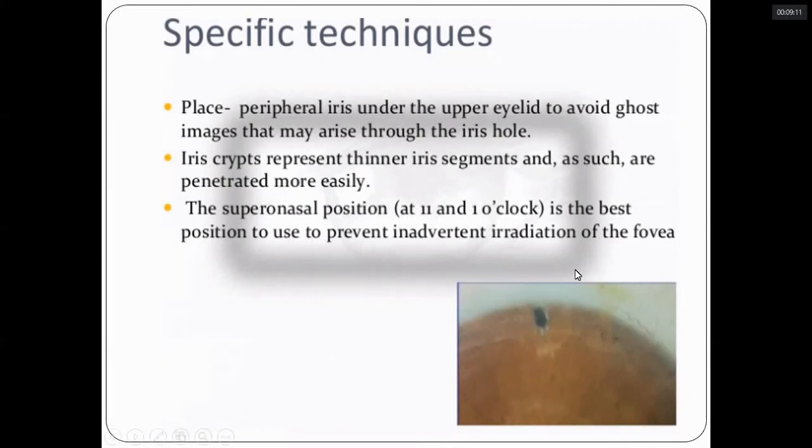So this is a patent PI, which is done in the case of angle closure glaucoma. Place the peripheral iridotomy under the upper eyelid to avoid the ghost image that may arise through the iris hole. Sometimes a shadow will come. It will be difficult for us also to strike for that.